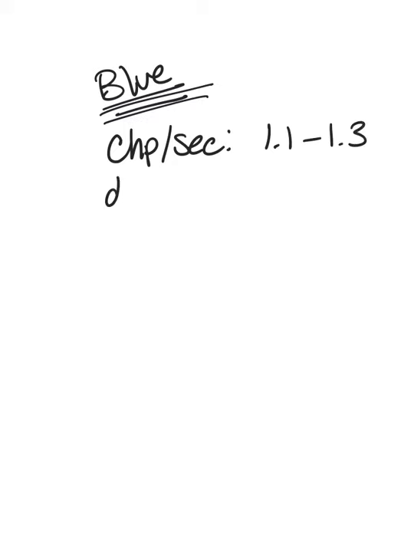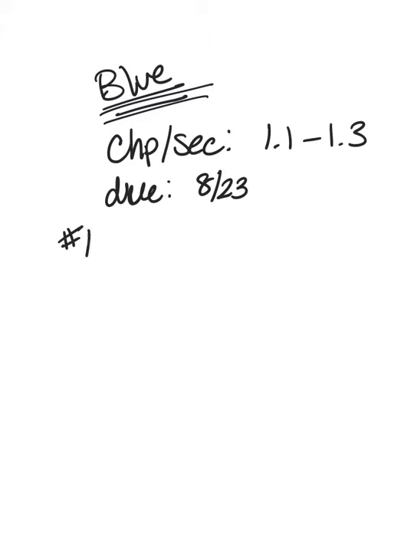So on the blue one, you put your name. Then when it says chapter or section, this is going to be 1.1 to 1.3. Due. Again, homework is due when you take a quiz or test. So in this case, August 23rd, that'll be next week Friday.